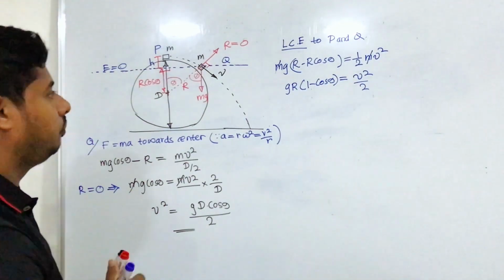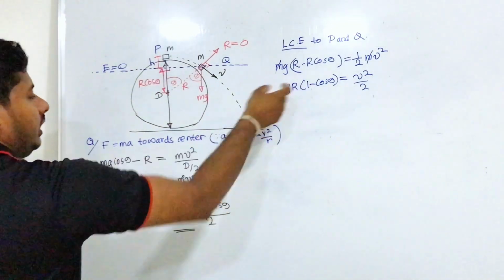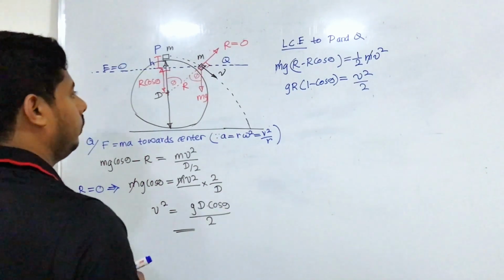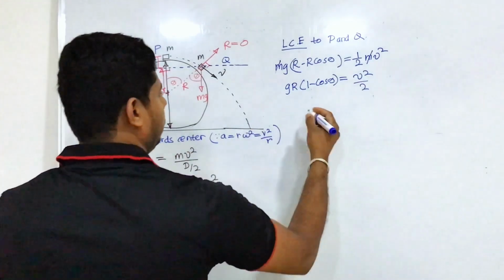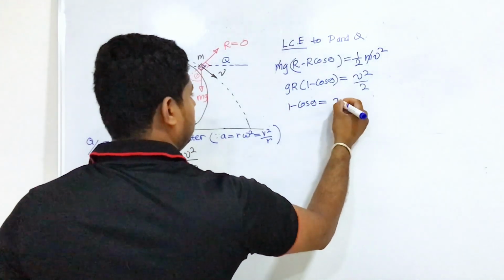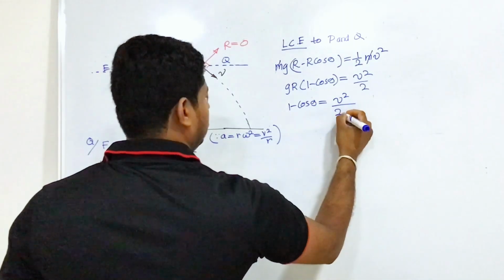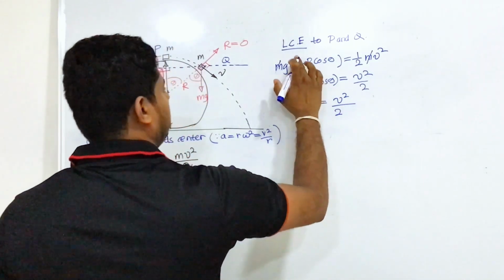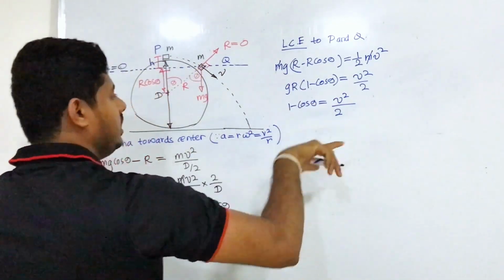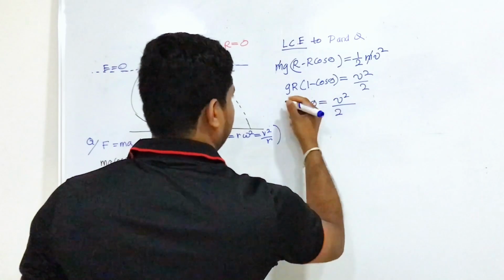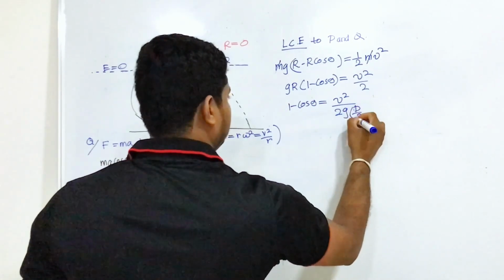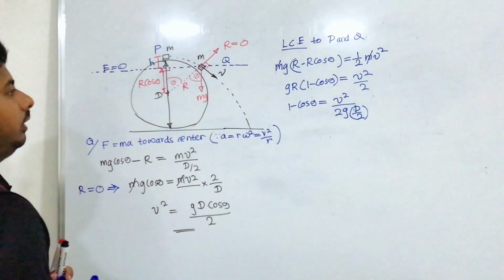Right. So we have to find v squared. Then we can easily find cos theta, and you can apply it here. So you can take 1 minus cos theta is equal to v squared over 2gr. This r means actually the radius, so I have to take that one as d over 2. 2g times d over 2, that is the radius of that one.